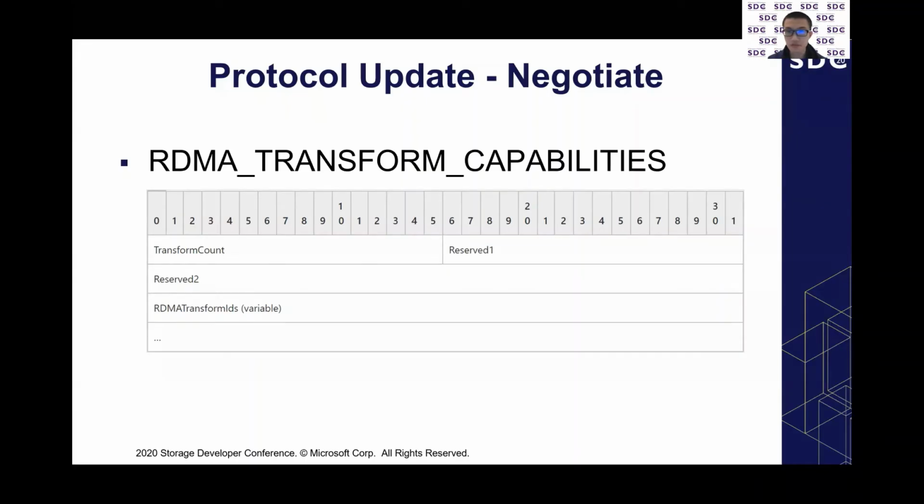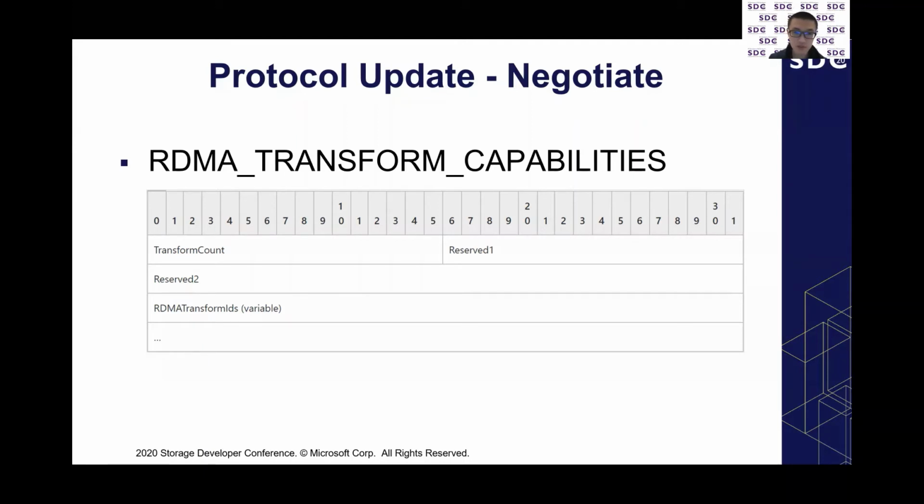Because for this feature both the client and server need to be enlightened, we added a new negotiate capability called the RDMA Transform capability. Notice that this is not only for encryption and signing.